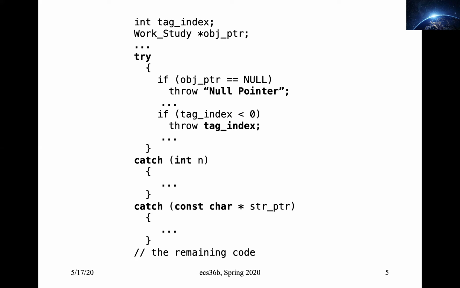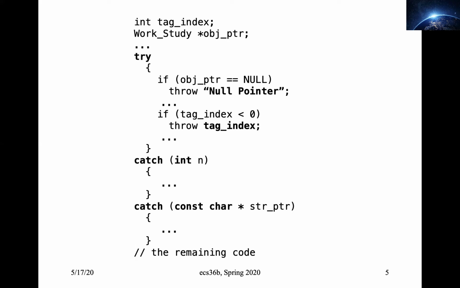You can see that I have two different throw statements. One is throw null pointer, one is throw text index. So I not only do a throw, but I also provide some information, so I will be able to know what's going on.